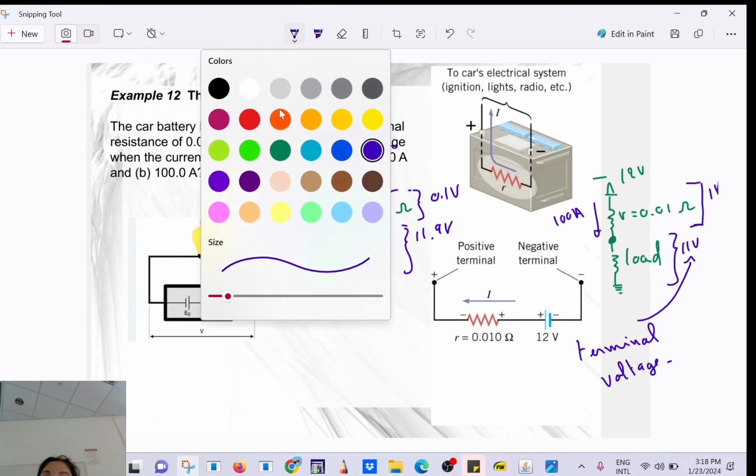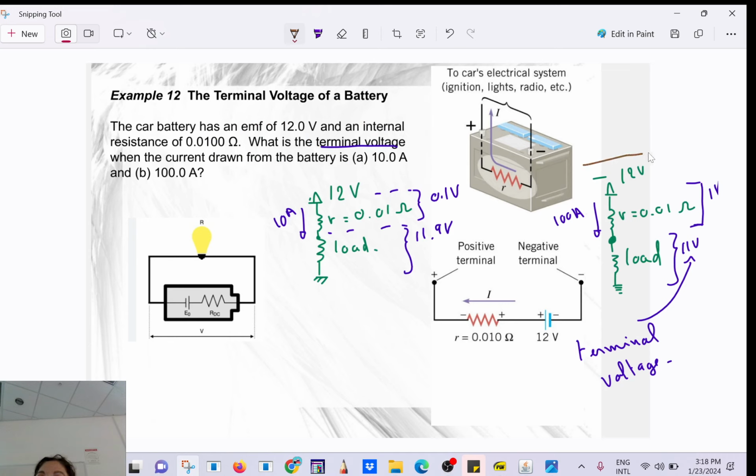Now the battery is the whole thing here. You don't see inside, it's a black box. So across here, instead of having 12 volt, you're going to get 11 volt. That's because there is a voltage drop inside. Any question? Very good. So it will be the terminal voltage across your battery.